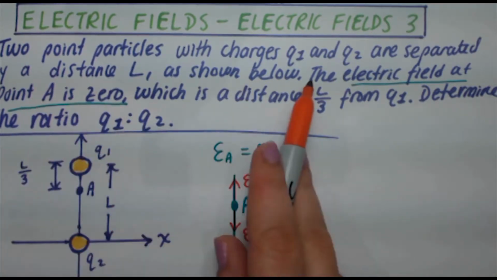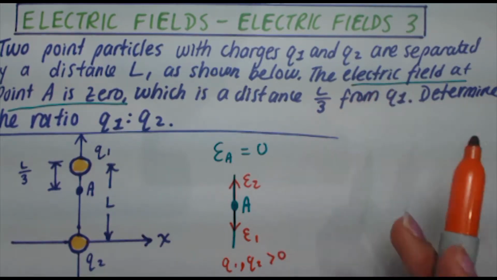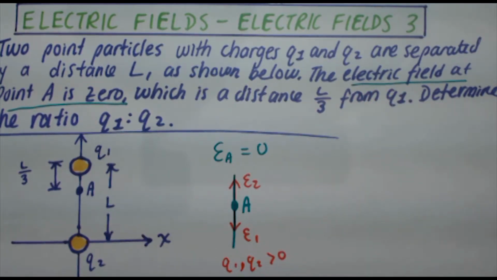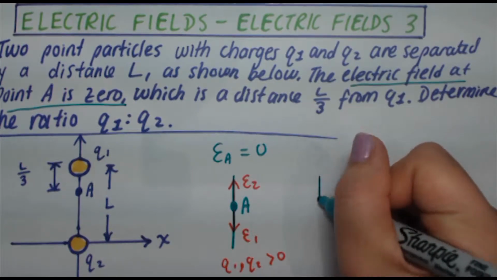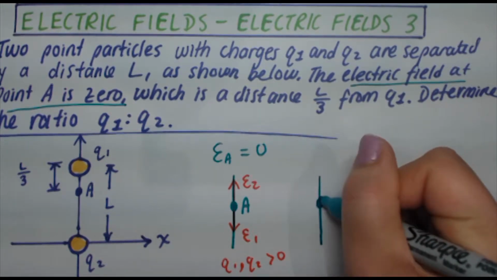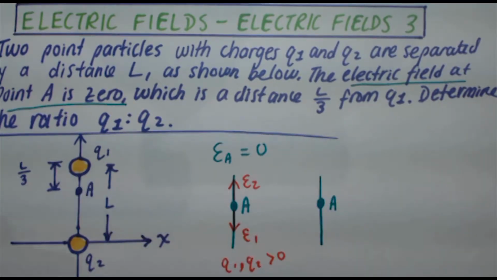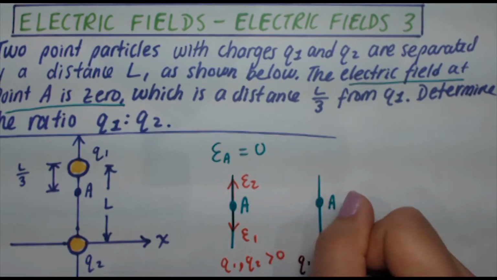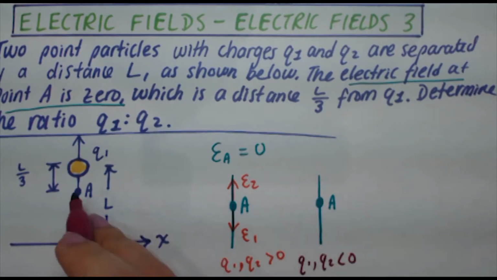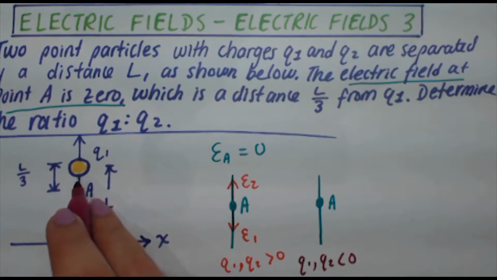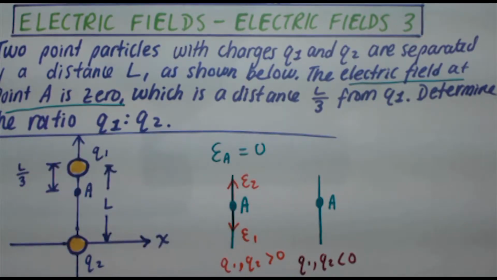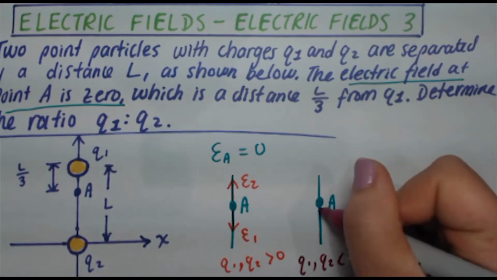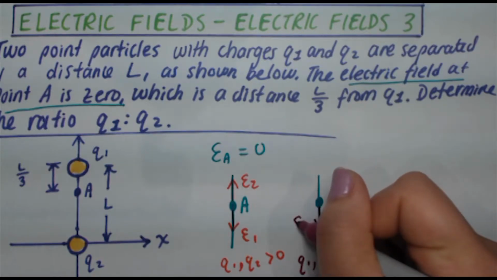Now, since they don't tell us whether they're positive or negative, assume also the scenario where they are negative, just to put your mind at ease that this works in both cases. In the case where Q1 and Q2 are negative, the electric field lines should be going in towards Q1 and in towards Q2, which means this direction would be the electric field due to 2.